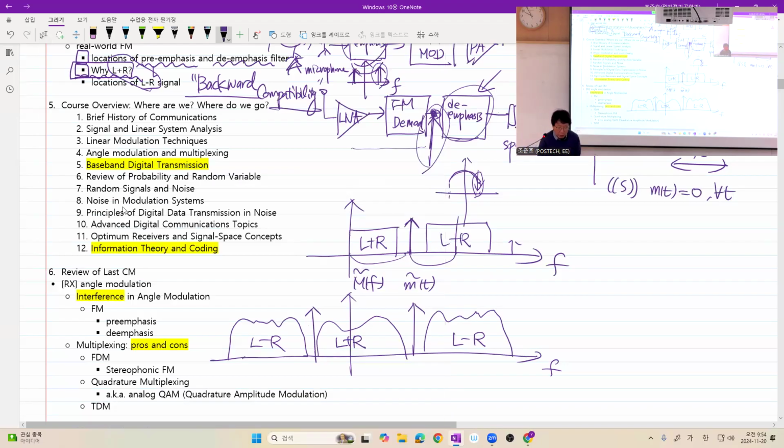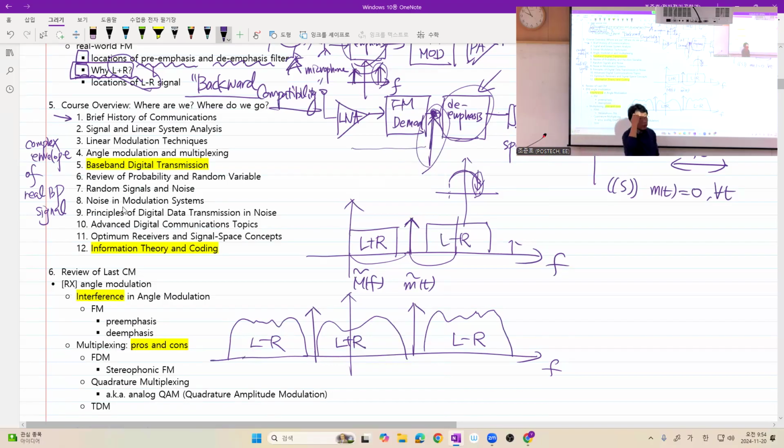From the beginning of the semester, I emphasized the importance of understanding the complex envelope of a real valued bandpass signal. This is the key to understanding radio communication. That's what I told you.